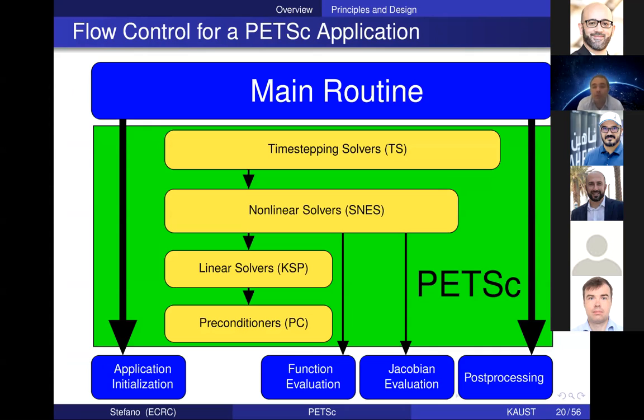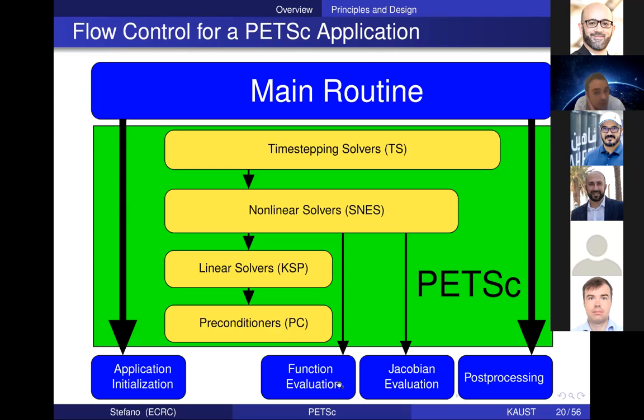So for example, if you want to use a nonlinear equation, you have to tell PETSc how your nonlinear equation looks like. And the way you tell PETSc is how to compute, given a point in computational space, how the residual of your nonlinear equation evaluates. And this is the function evaluation here.